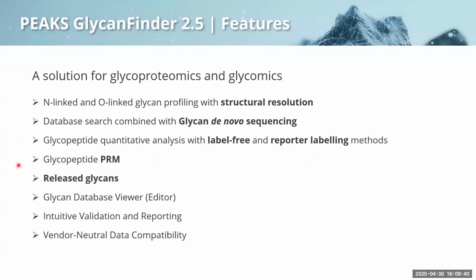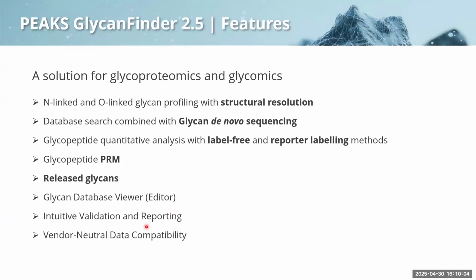And then new in 2.5 is we have the targeted analysis, the glycopeptide PRM workflow, and a new release glycan workflow, which I'll be going into more detail a little bit later. And just a few other features, we have an intuitive database viewer where you can easily check the glycans that are in the database. You can easily edit, add new ones.